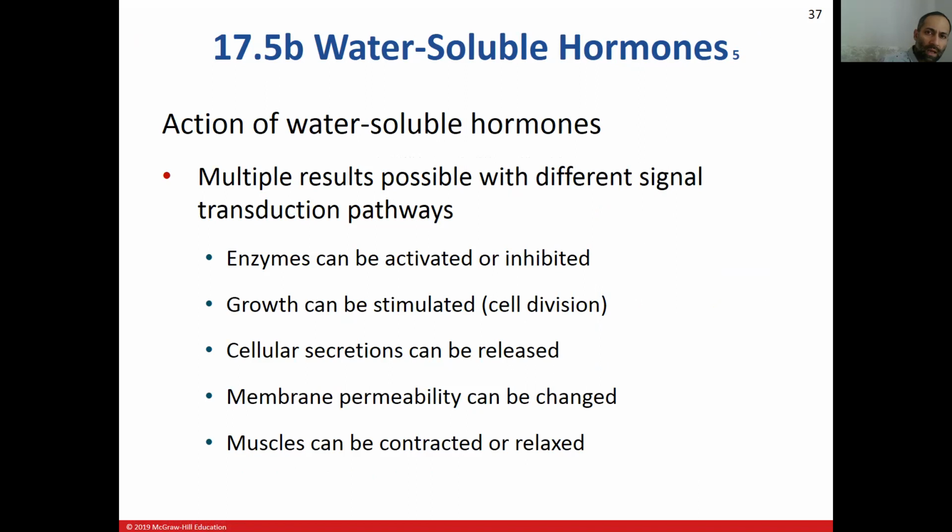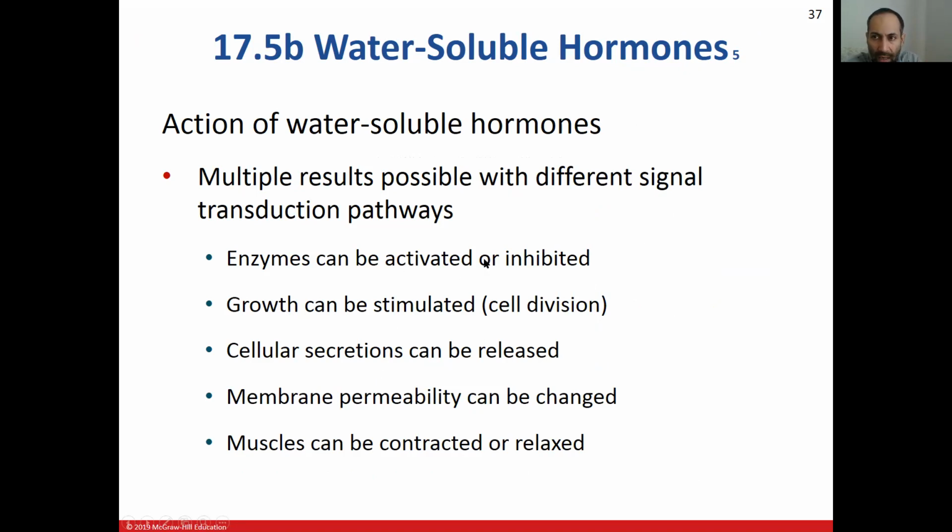Okay, so how do you compare the activity of the water-soluble hormones with the lipid-soluble or fat-soluble hormones? Water-soluble hormones are excreted from the body much faster, right? And what they do is they can cause any or all of these changes.